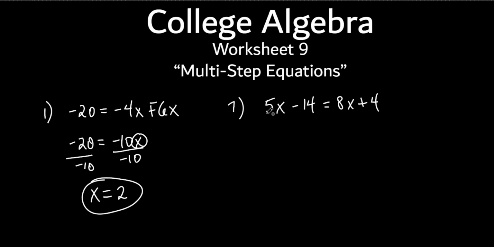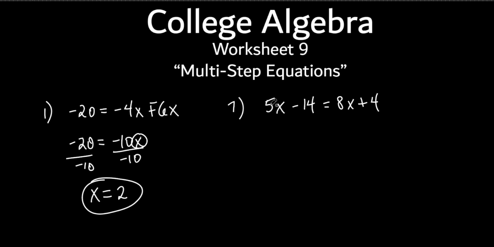All right, so what I'm going to do is take this 5x, move it over here to the right-hand side. Now, how do I do that? So I look at this whole entire 5x, not just the 5, but the whole entire term. That whole entire term is being added, isn't it? It's a plus 5x. So how do I get rid of a plus 5x? I subtract it. So that's a little bit different than what we've been doing so far.